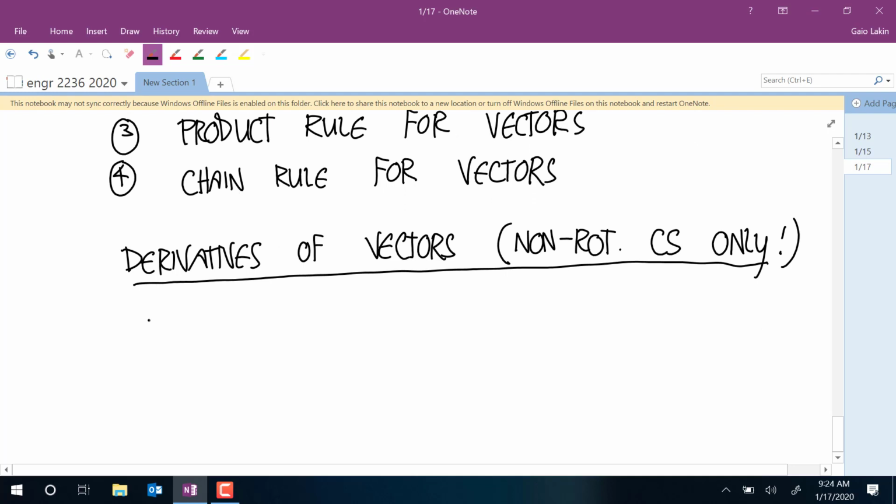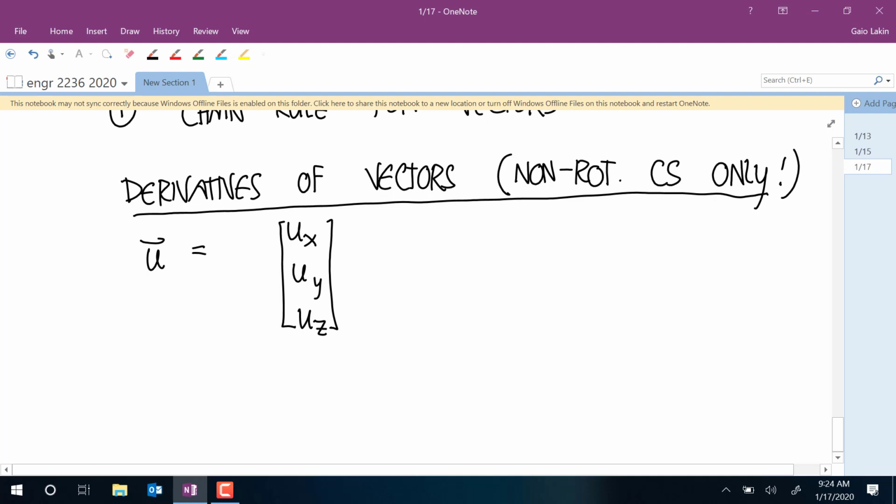So if your vector is, I'm going to use notation like this, you know, these are the components of your vector. Then to take the time derivative of that vector, all you do is take the time derivatives of the components individually.